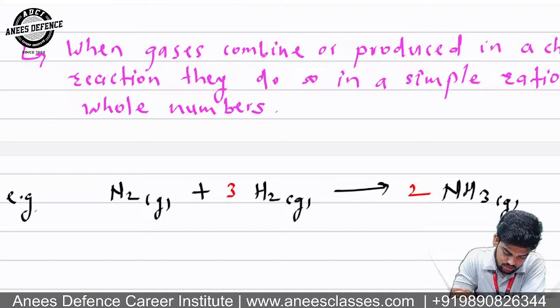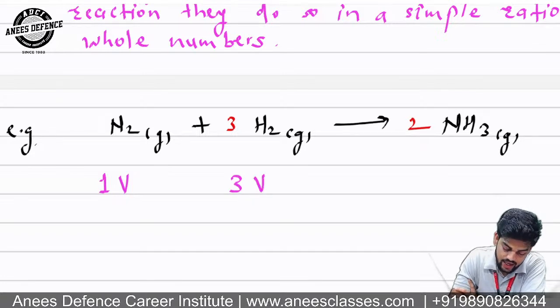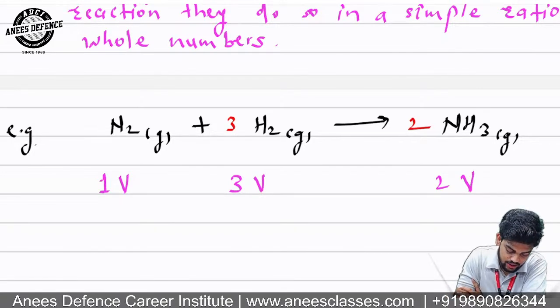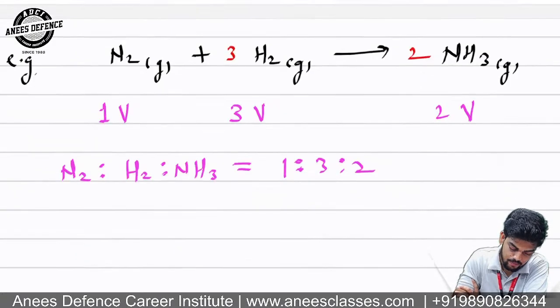So this reaction says that when 1 volume of nitrogen gas reacts with 3 volumes of hydrogen gas, it will produce 2 volumes of ammonia gas. Hence, the ratio of nitrogen to hydrogen to ammonia in this reaction is 1:3:2.